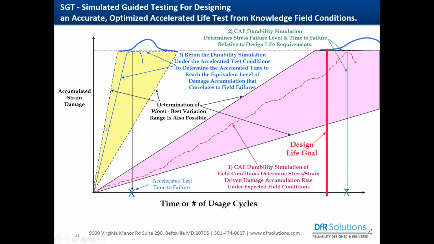So then, that's when we rerun the model under the stress profile we want to see for our accelerated life test. And now in the accelerated life test, you see we can rapidly build up our rate of damage accumulation and see how long it takes us to get to the same damage metric. And then we look at how long it takes to get there, and that's where we can do our test to field correlation.